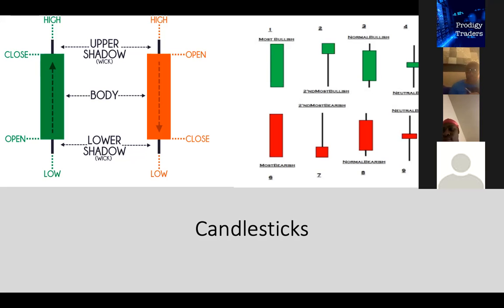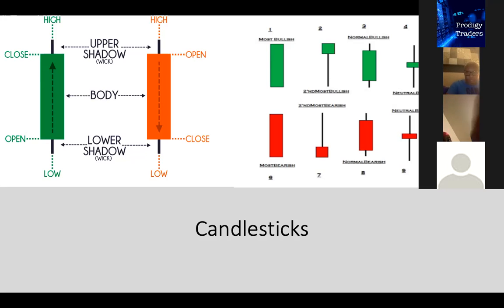Each candlestick represents a time period that you selected. For example, if I was on a 1 day, 1 minute chart, each candlestick will represent each minute of the market of that stock. I'm gonna break this down to you.